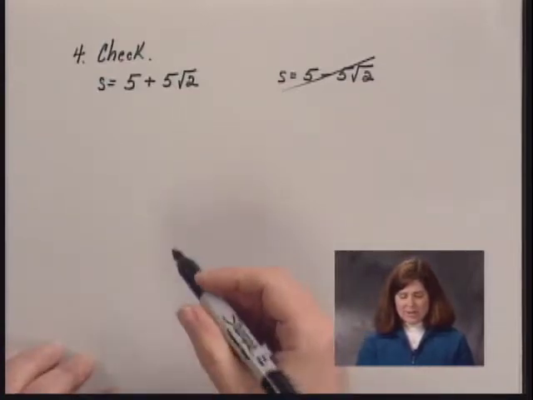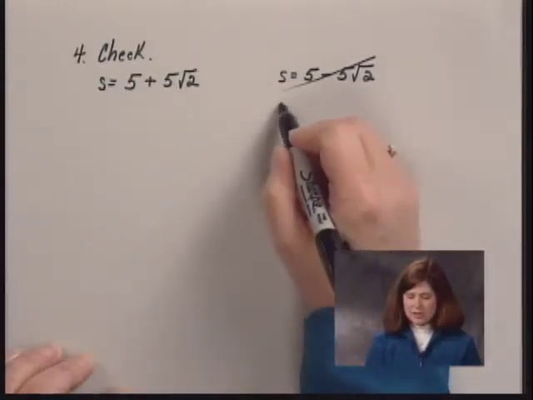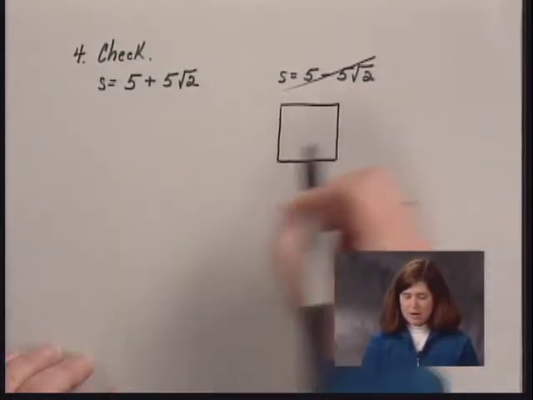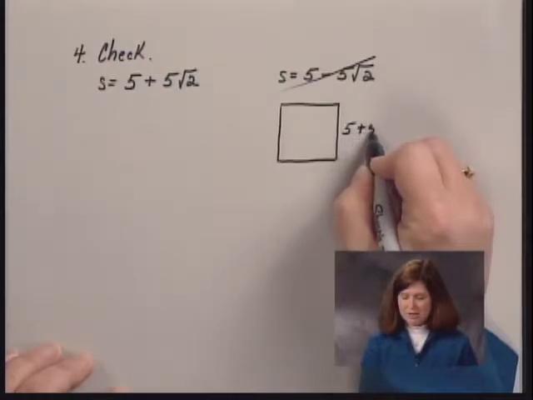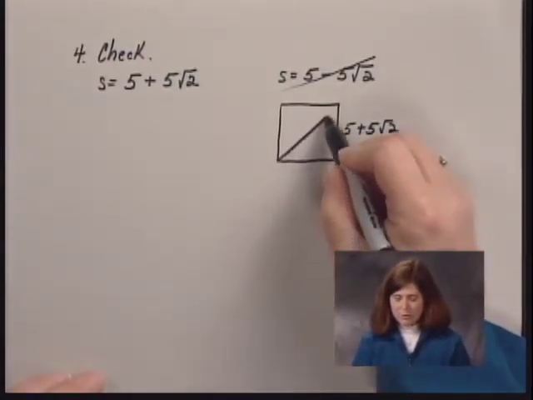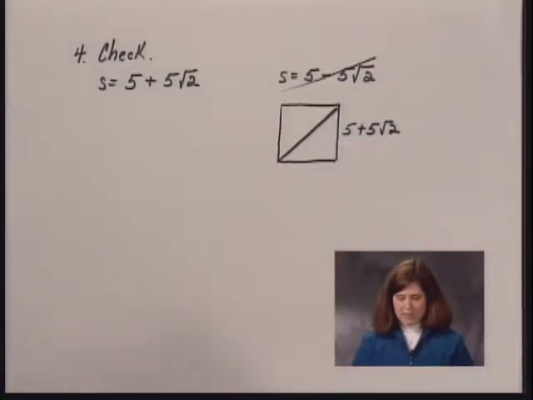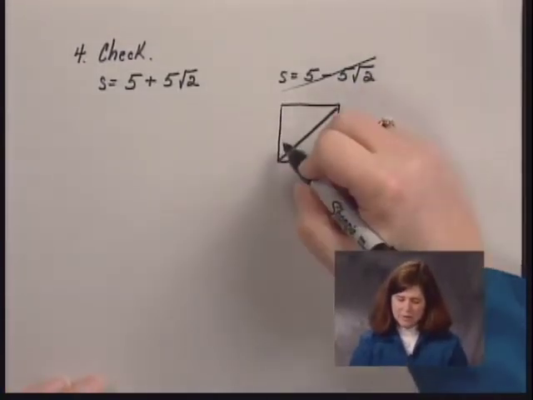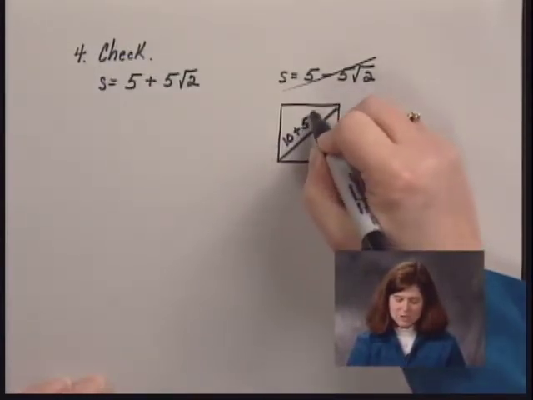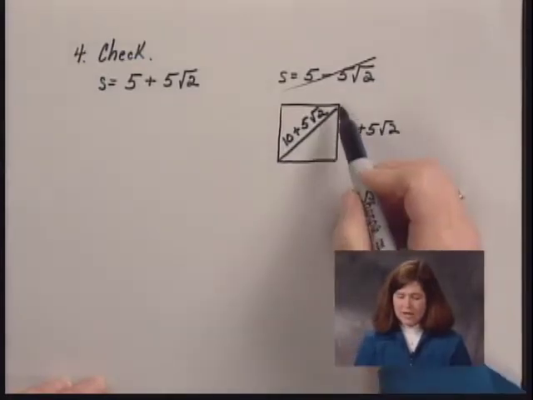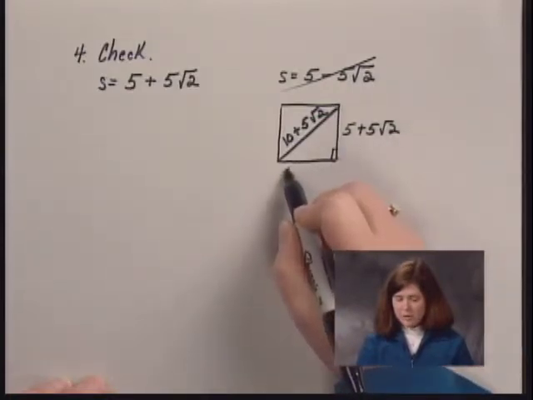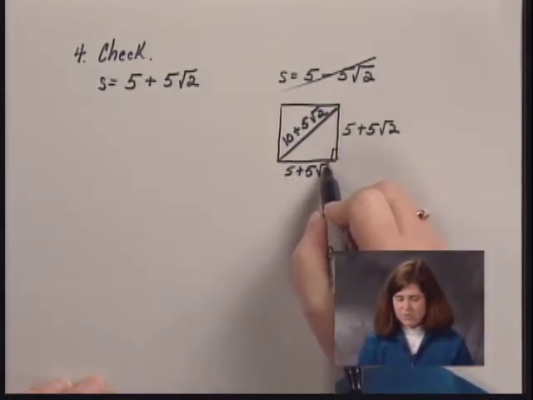Now we need to check this, and to check it, let's draw our square again and just see what we have. We have a square, and the sides are 5 plus 5 times the square root of 2. The diagonal, remember, was 5 more than the side, so the diagonal would be 5 plus this, or 10 plus 5 times the square root of 2. Again, remember, we have a right triangle here, and this side would also be 5 plus 5 times the square root of 2.